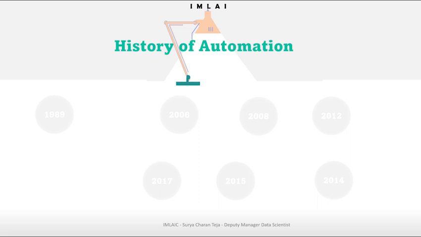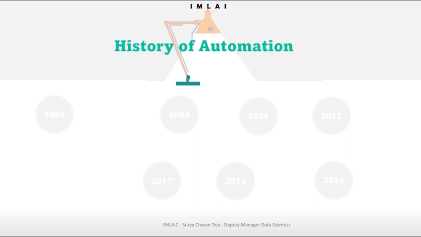So here the history of automation is from the perspective of the tool popularity, not in which year the tool was released. So in which year the tool has taken storm in the market, in which year the tool has taken the maximum market share in the market. That's what I call popularity.